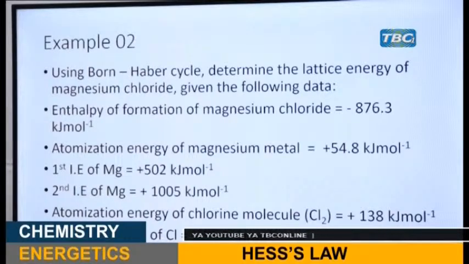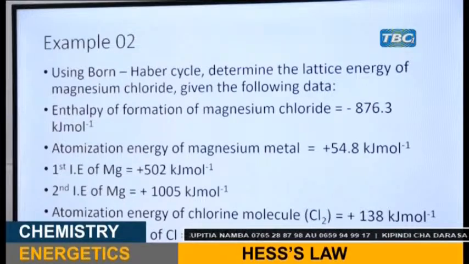The second one, atomization energy of magnesium metal is positive 54.8 kilojoules per mole. The first ionization energy of magnesium is positive 502 kilojoules per mole. The second ionization energy of magnesium is positive 1005 kilojoules per mole.